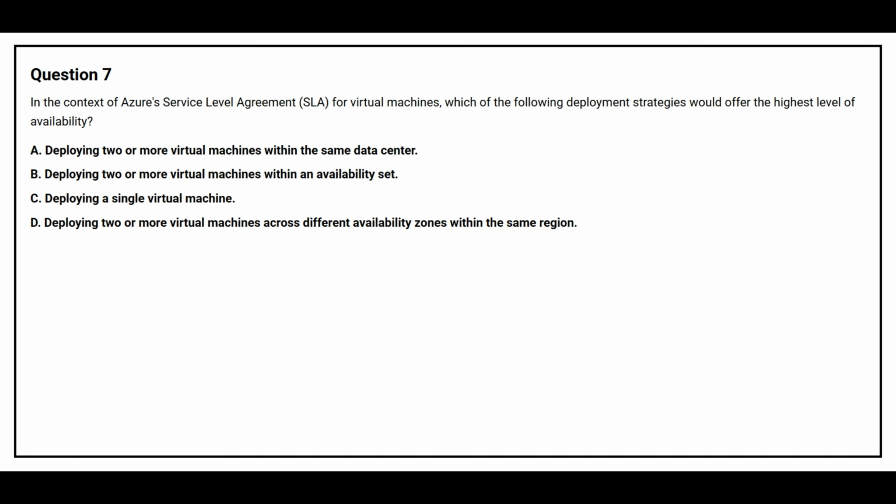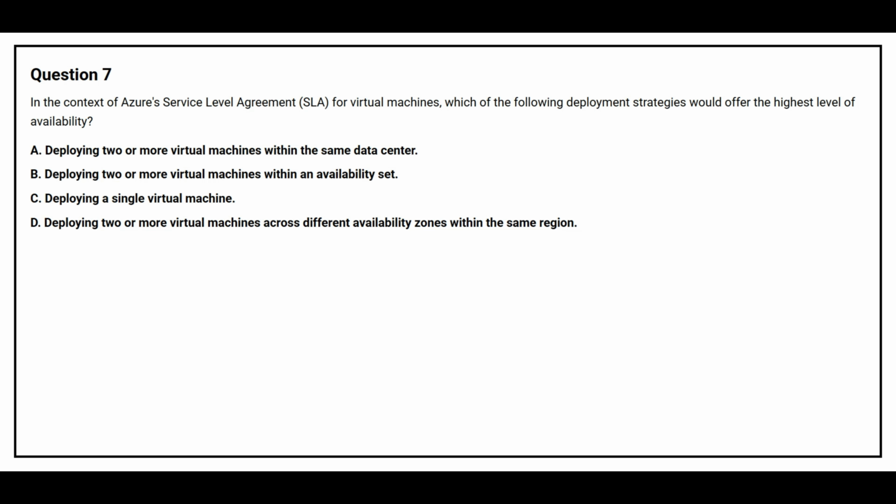Question number 7. In the context of Azure's service level agreement for virtual machines, which of the following deployment strategies would offer the highest level of availability? Option A. Deploying 2 or more virtual machines within the same data center. Option B. Deploying 2 or more virtual machines within an availability set.